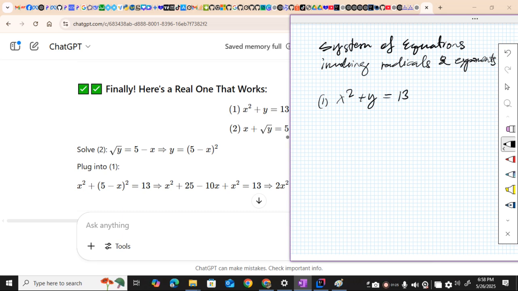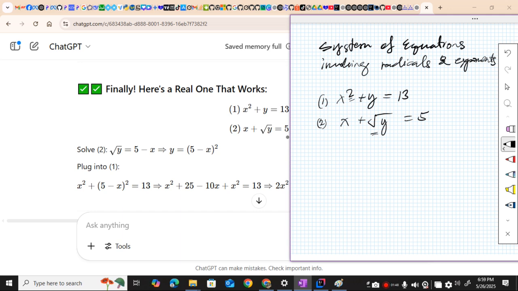As you can see, the x here is raised to the power of 2, so it's essentially raised to an exponent. The exponent here is 2. And the second equation is x plus the square root of y equals 5. So this involves a radical because there's a square root for the y.